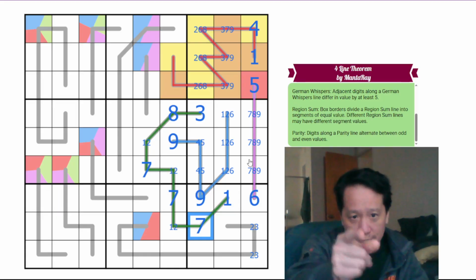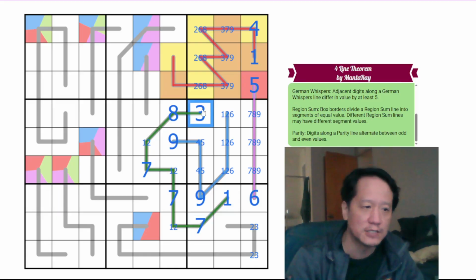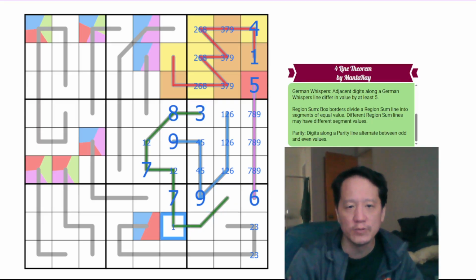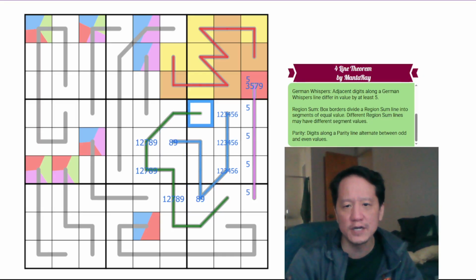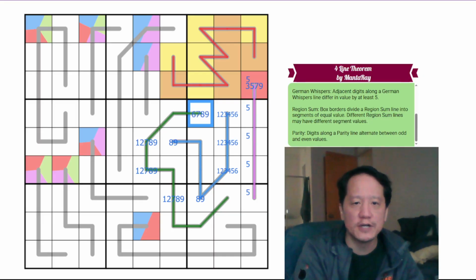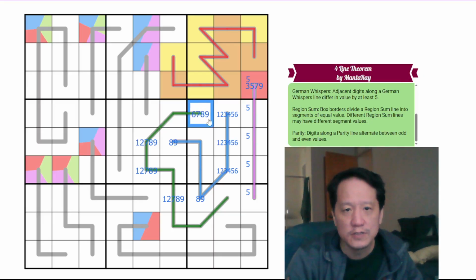So we cannot have a low digit here. It has to be a high digit. There we go. So that helps narrow things down, which is good. So this is a high digit. So we have 6 through 9 here. This must be low. So we have high, low, high. Well, we don't have to color them.